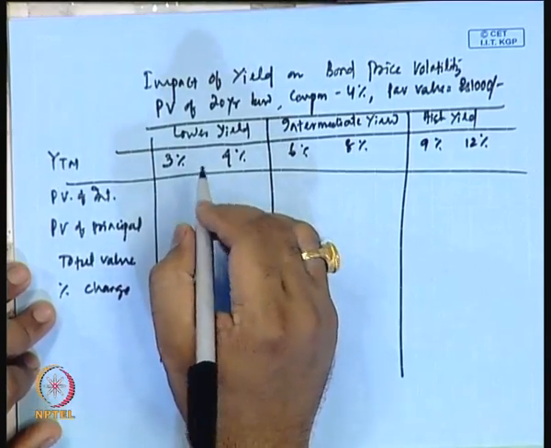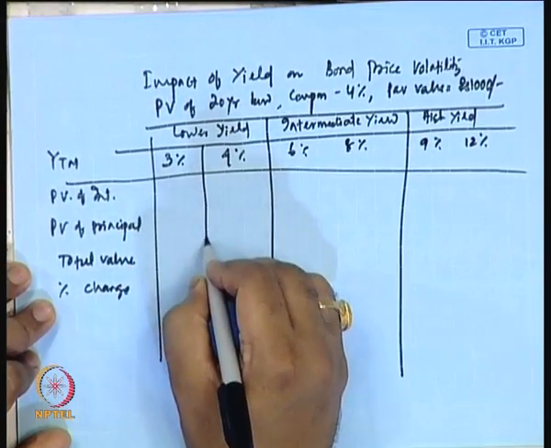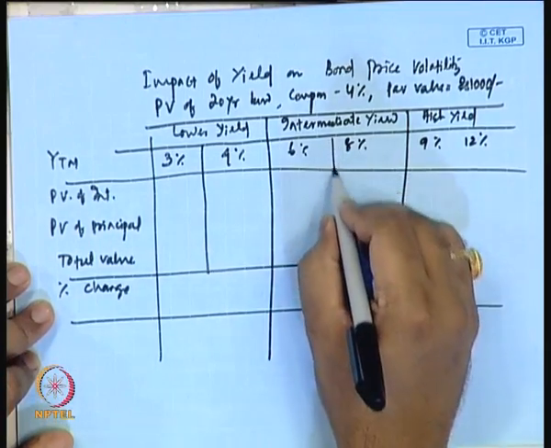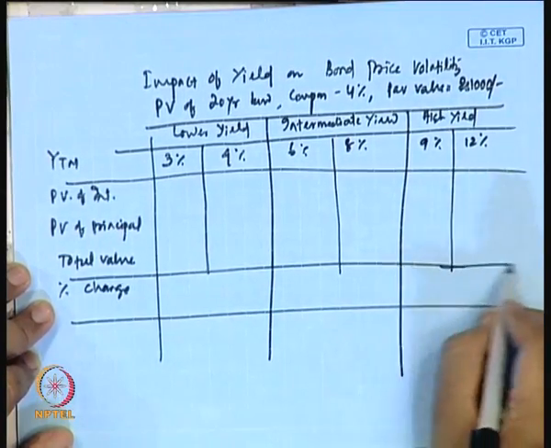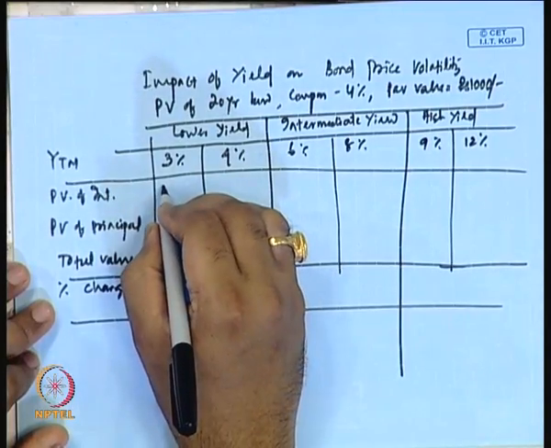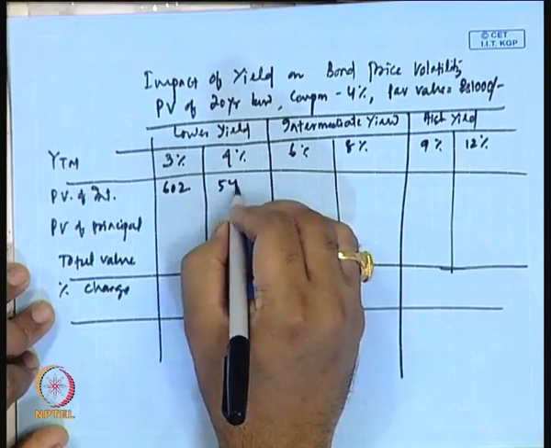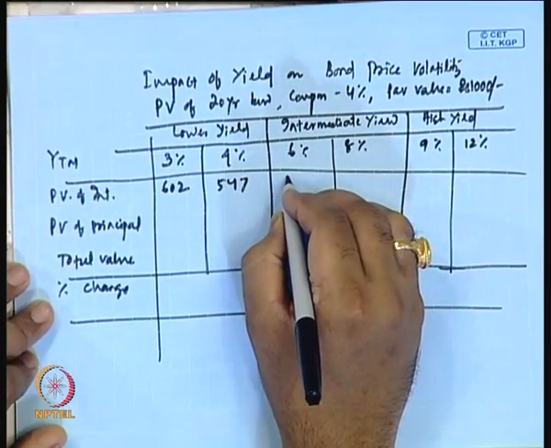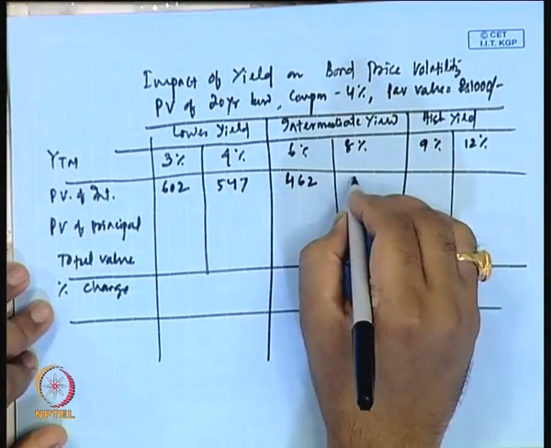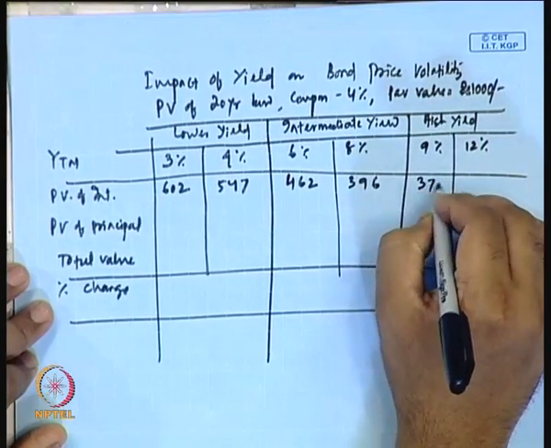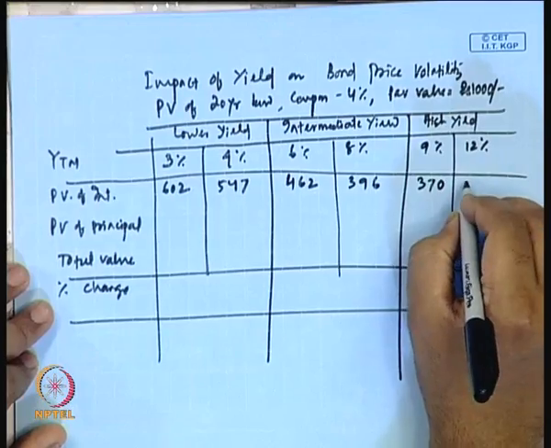Okay. So, the present value of the interest will be 602, this is 547, and at 6% it will be 462, it is 396, 370, and this is 301.